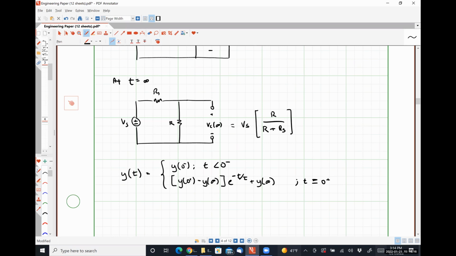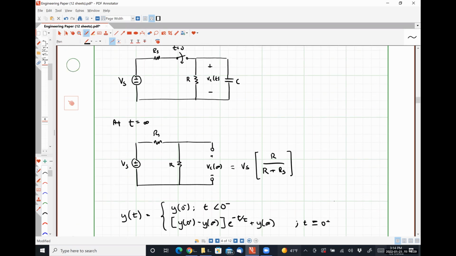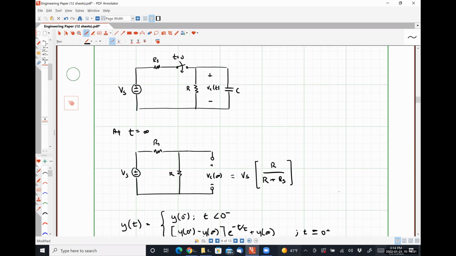This will force our capacitor voltage, in this case, to be a continuous function, okay? Because if we didn't do it, using just kind of a quick analysis here, okay, we can look at this thing. What is VC at 0 minus?